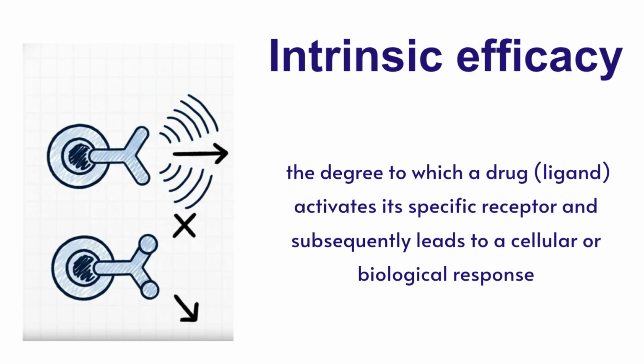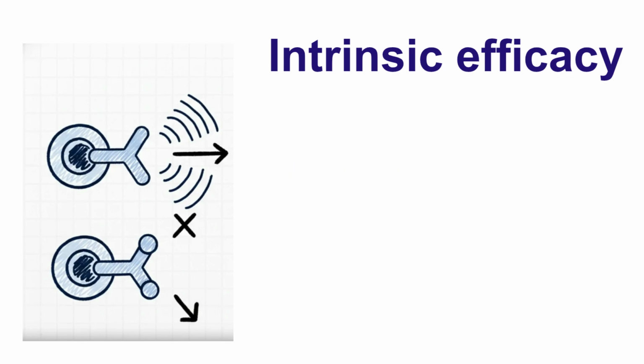After the drug binds, it has to actually do something. And that ability is called intrinsic efficacy. It's the power of the drug to flip the switch and cause a biological response. See, a drug can have amazing affinity, but still have zero efficacy. We call that an antagonist, it just sits there blocking the receptor.